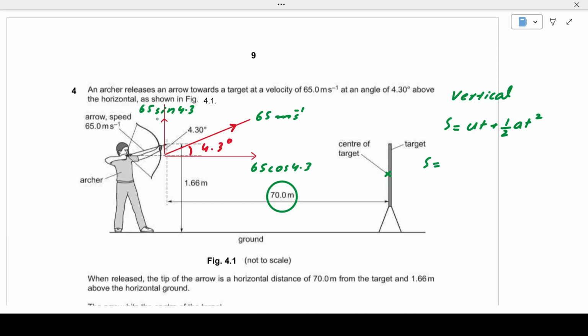In the vertical motion, the initial velocity is 65 sin 4.3, which is 4.87. The value of time is 1.08.